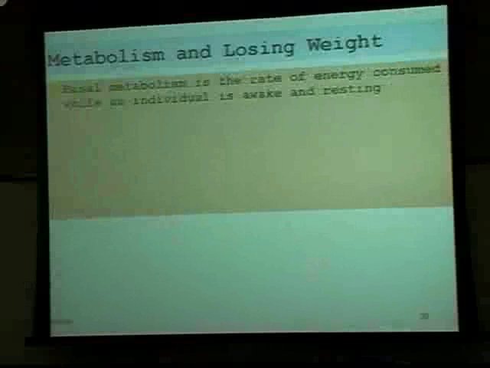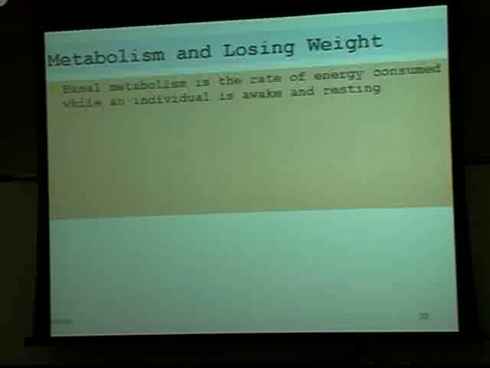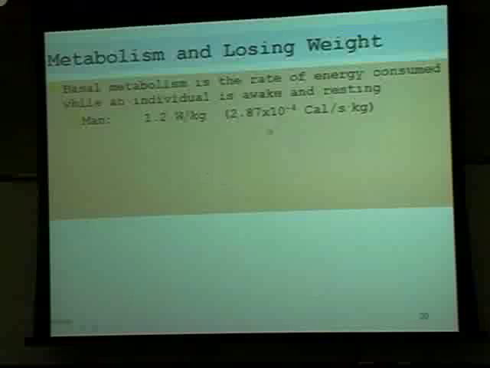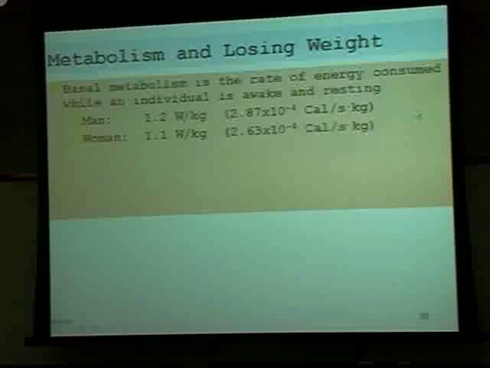With heat transfer comes metabolism. Metabolism is the rate of energy transfer while individuals are awake and or resting. For a man, that is 1.2 watts per kilogram, which translates to 2.87 times 10 to the minus 4 food calories per second per kilogram, I think. Woman is 1.1 watts per kilogram.